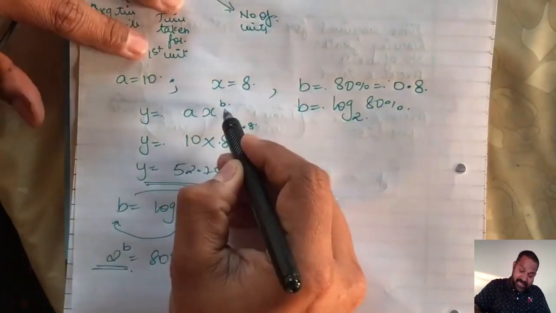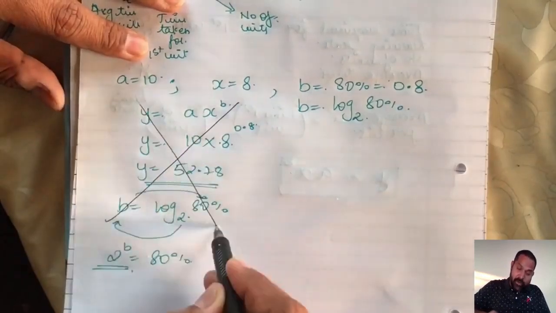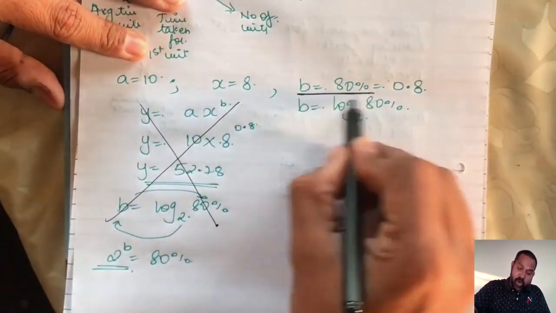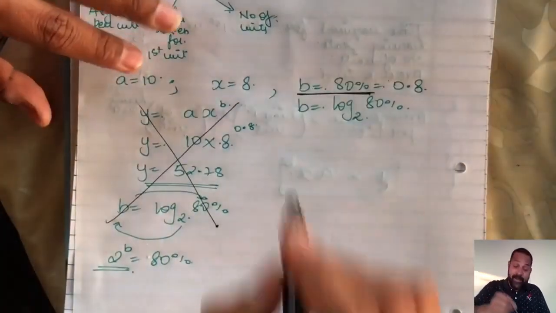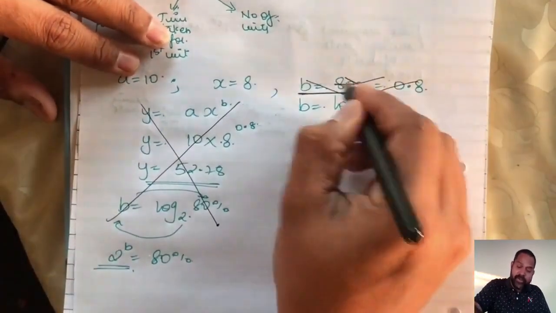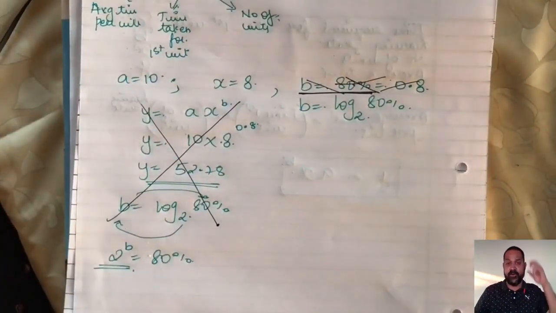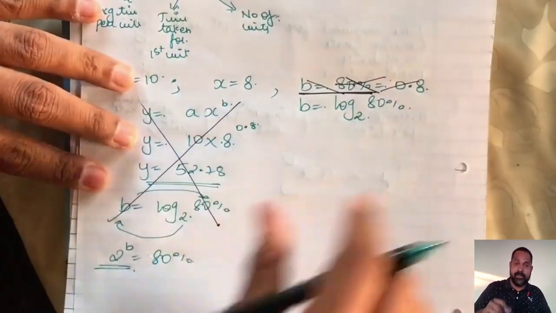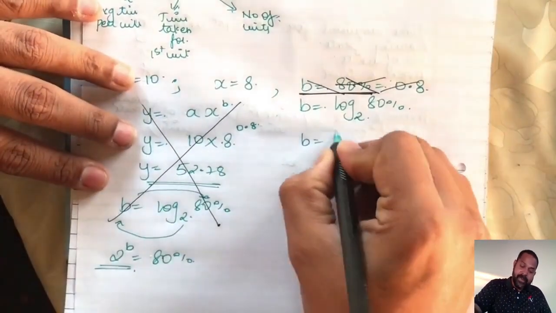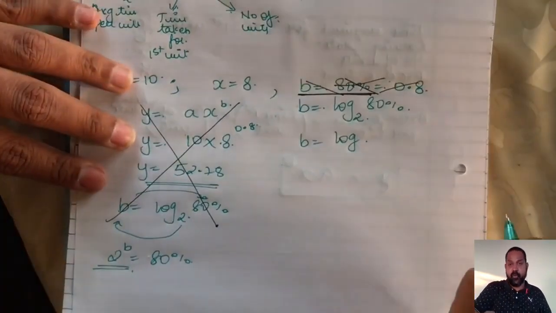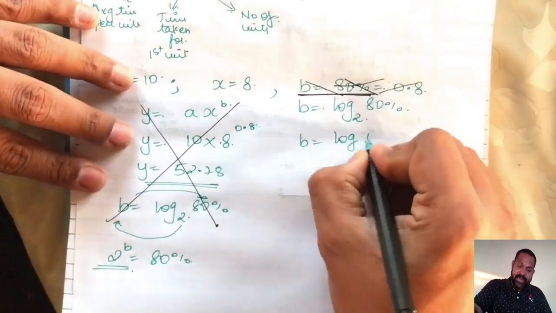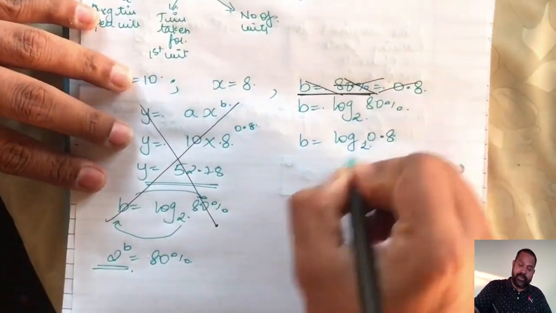Which means whatever I did was wrong, because B does not become 80%. B becomes the log of 80% to the base 2. So let me simplify this. B becomes the log of, what is 80%? 80% is 0.8, to the base 2.